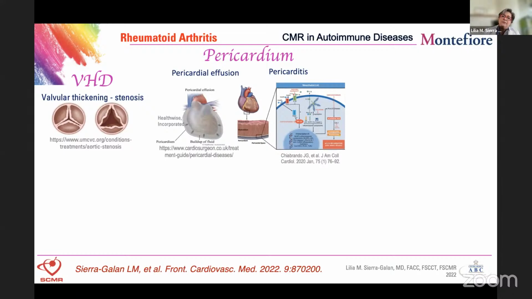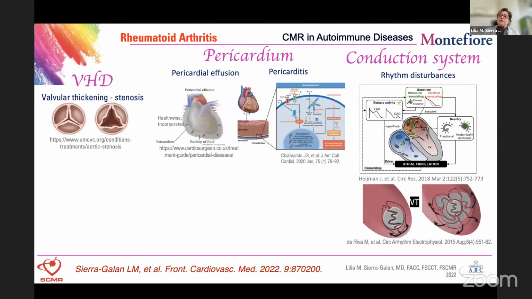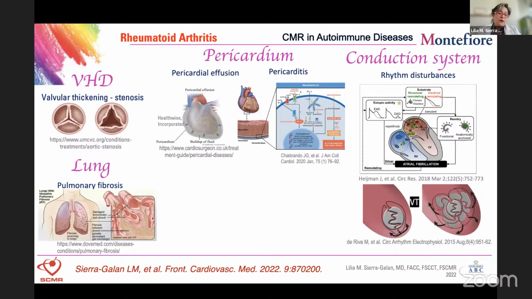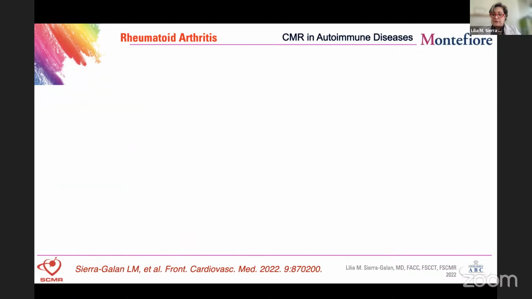Then the pericardium, it could be pericardial effusion or pericarditis, and we're going to have conduction system problems with rhythm disturbances. It could be atrial or ventricular, and also the lung. We are going to have a pulmonary fibrosis and the pleura, pleural inflammation or effusion.